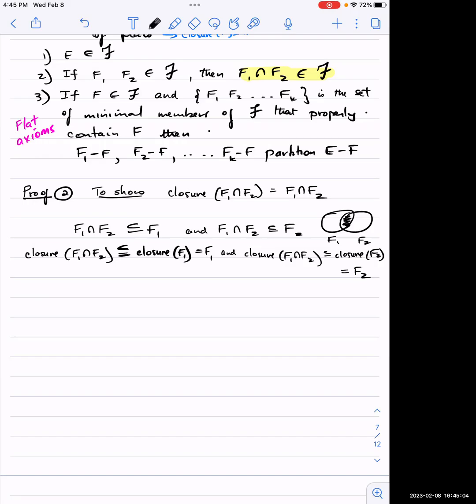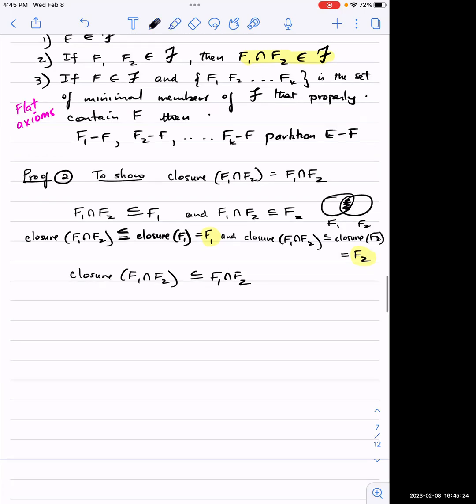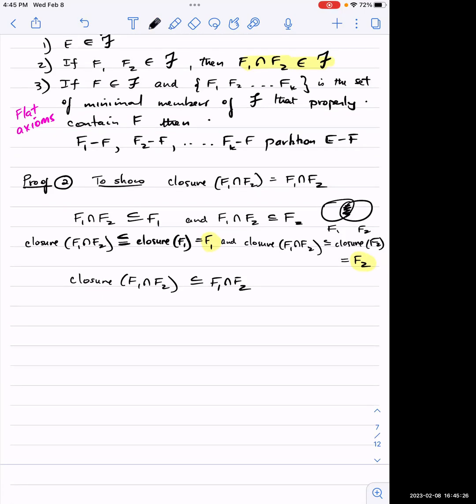So therefore, closure of F1 intersection F2 will be contained in the intersection. Closure of the intersection is contained in F1 as well as F2 and therefore in the intersection. Good. So if you take two closed sets and look at the intersection, it's got to be a closed set. And then think lattice, as in, you have the join up and the meet. So the meet is the intersections.